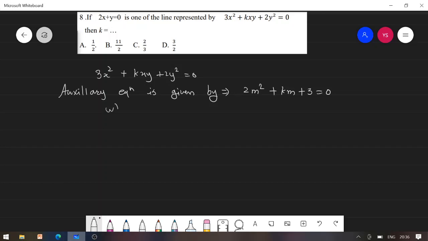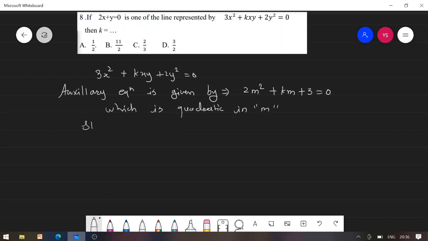It is a quadratic in m, so it has at most two roots. Keep in mind, one of the roots is given by the slope of the line twice x plus y equals 0.